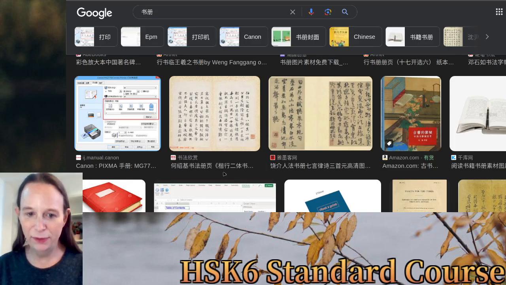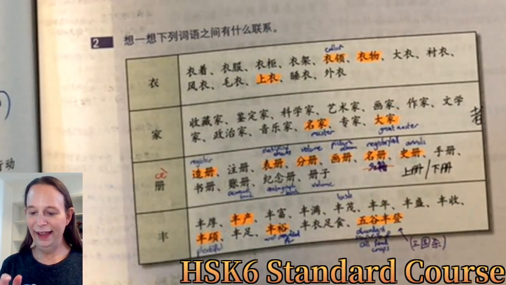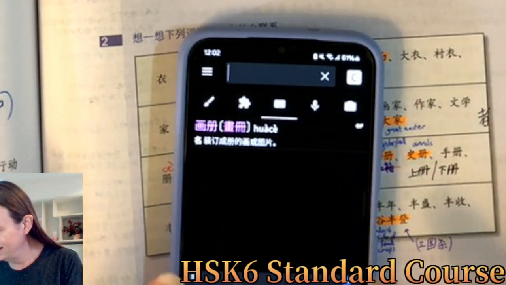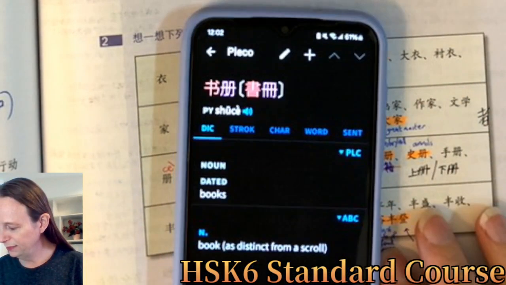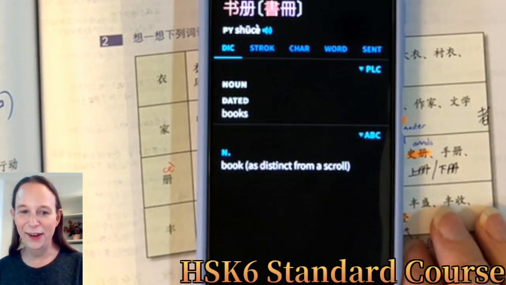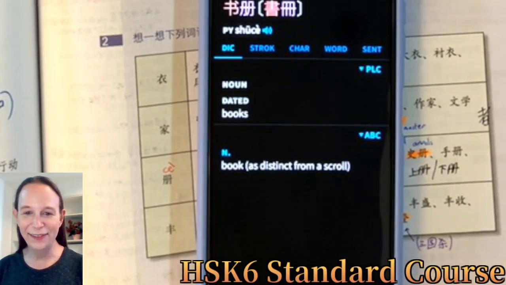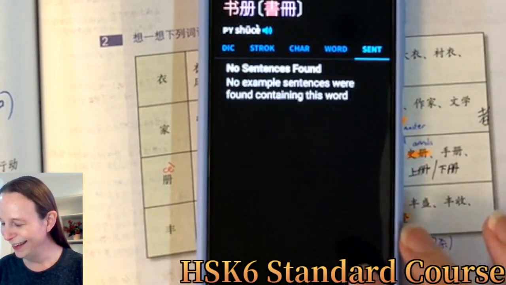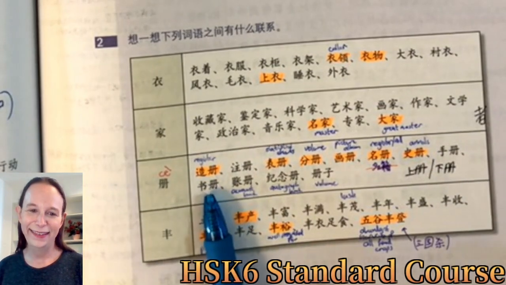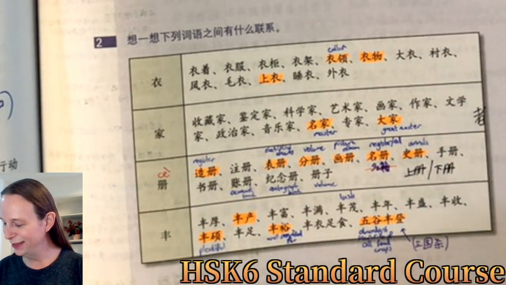Okay, maybe this is a word I don't need to care about. It's obviously going to be a noun meaning book or something in that ballpark. Oh, dated. Book as distinct from a scroll. So this is only relevant when there's a chance of confusion with a scroll. No examples. All right, let's skip it. It's so rare, it's hard to even find examples.